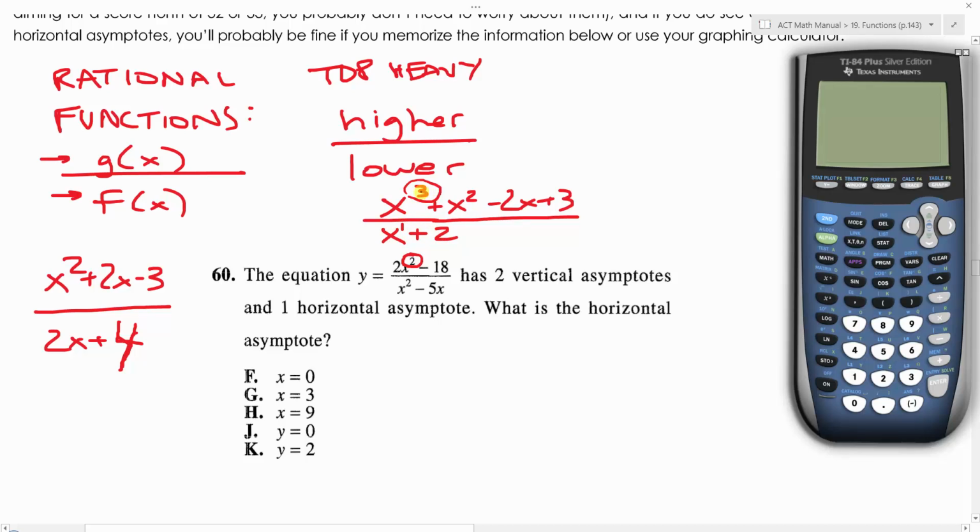When that happens, when we have a top heavy rational function, we have no horizontal asymptote. So top heavy functions, no horizontal asymptote.